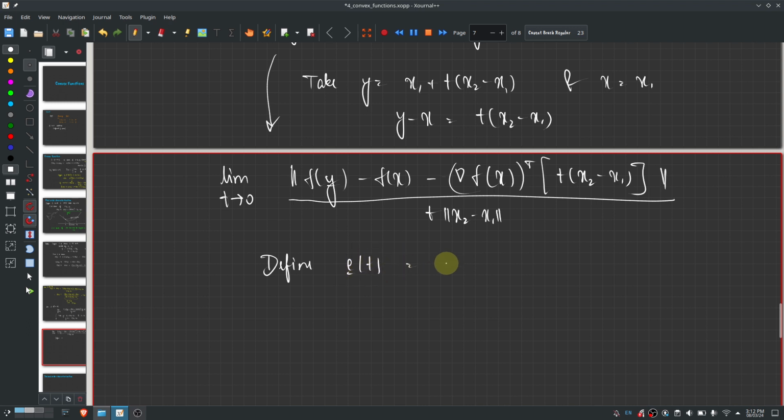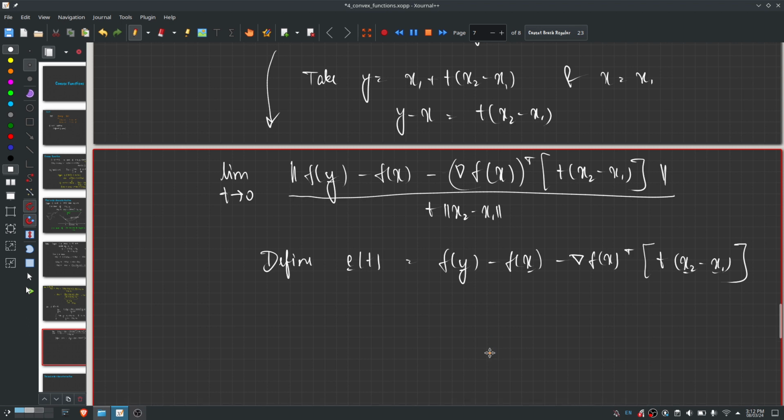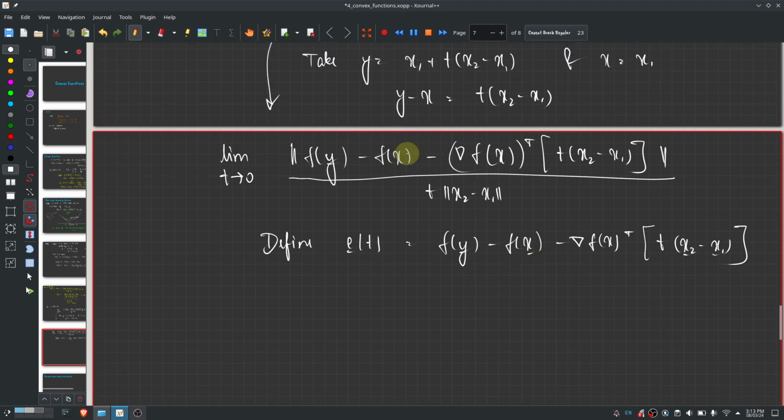E of t is equal to f of y minus f of x minus the gradient of f transpose t times x2 minus x1. So this is basically saying that the norm of e of t divided by t times the norm of x2 minus x1 converges to 0 as t tends to 0.